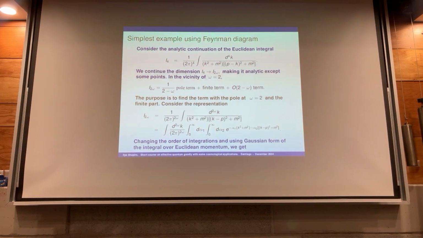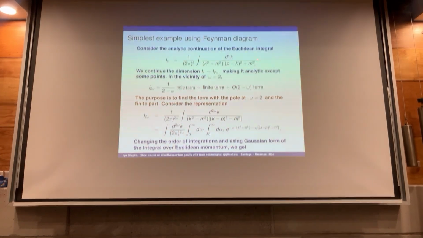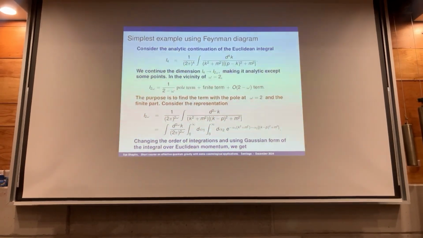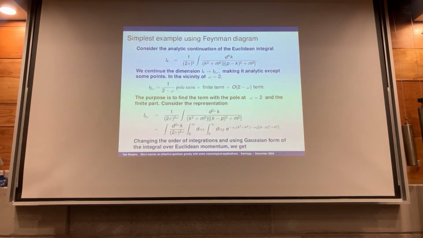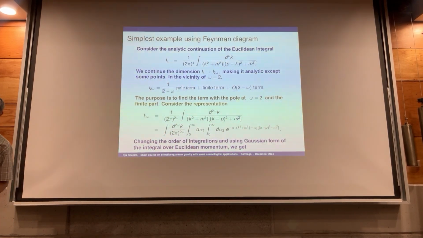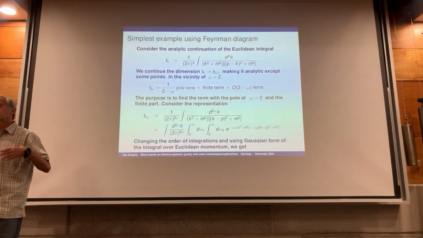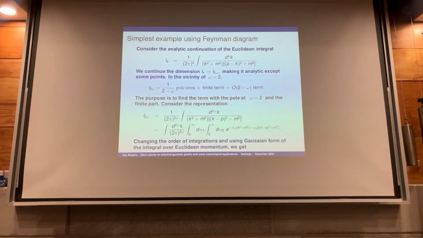You need regularization because, as I explained yesterday, here we have logarithmic divergences. If you go to very high momentum, then there is K⁴ in the denominator, K⁴ in the numerator, and they produce a logarithmic divergence. So this logarithmic divergence must be regularized and eventually renormalized.